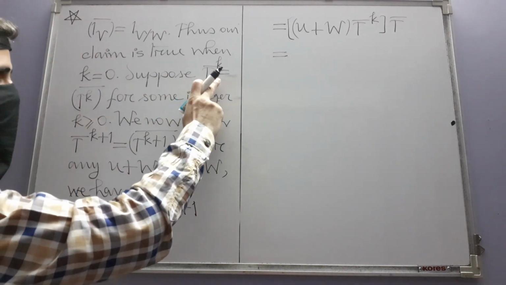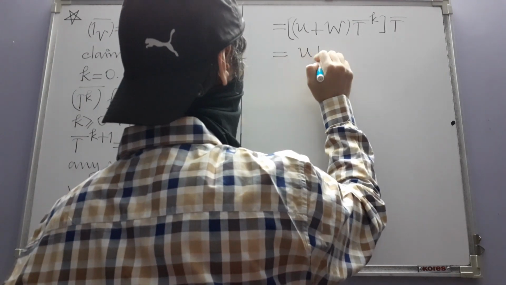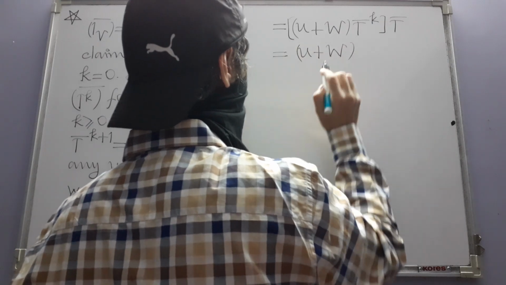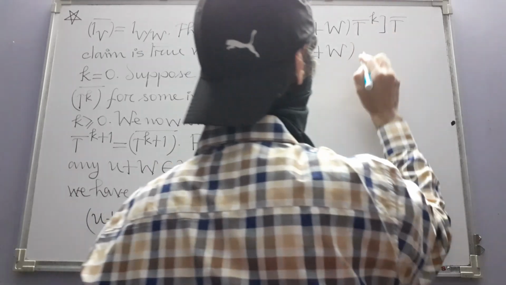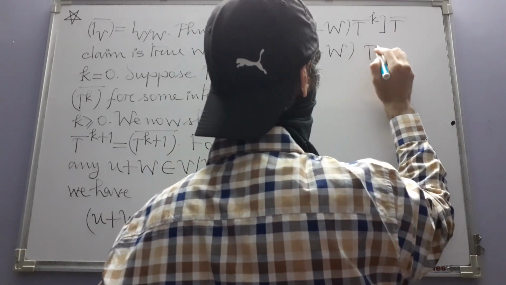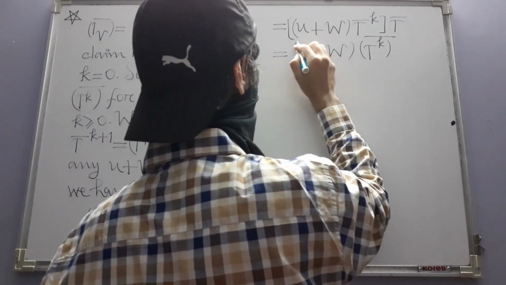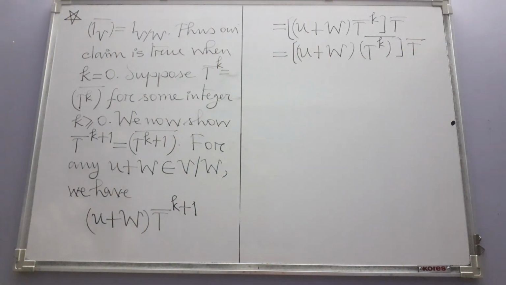Now, by our induction hypothesis, this is equal to this. Okay, shall I run into some kind of problem if I first apply t bar to the power k? I guess we will see. Okay. So this becomes t to the power k bar, and on that we apply t bar.